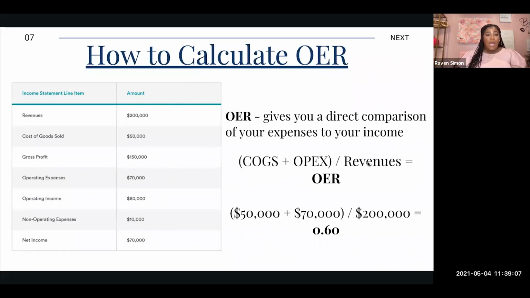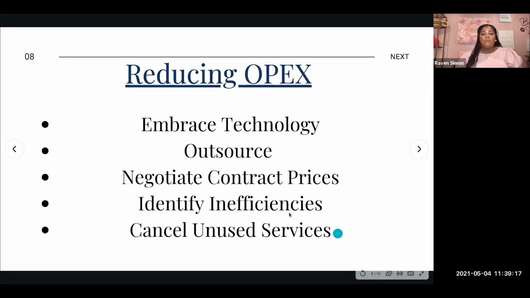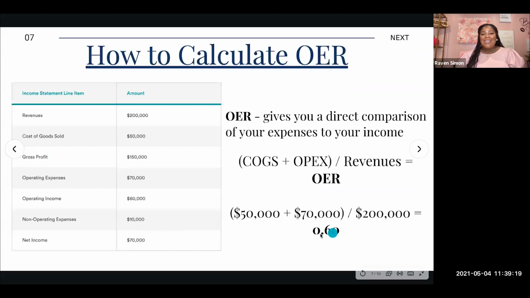So you want to take your COGS plus your operating expenses, so above the line, below the line, divide that by your net revenue or your revenues. And that is going to give you a ratio, so 0.6. What this 0.6 number tells you as a business owner is that 60% of your revenues are cost.